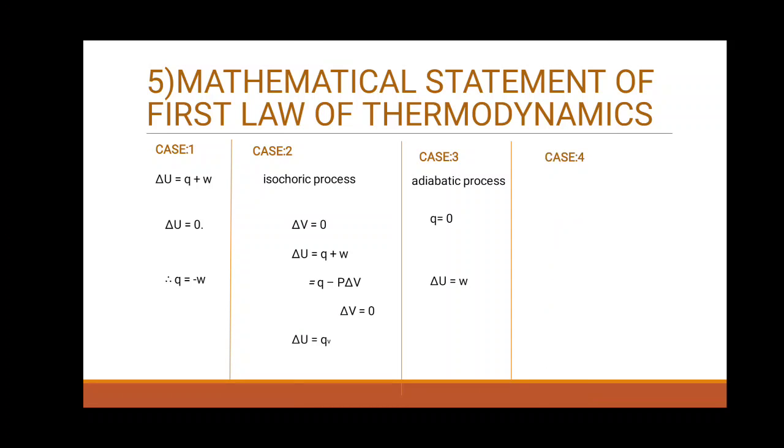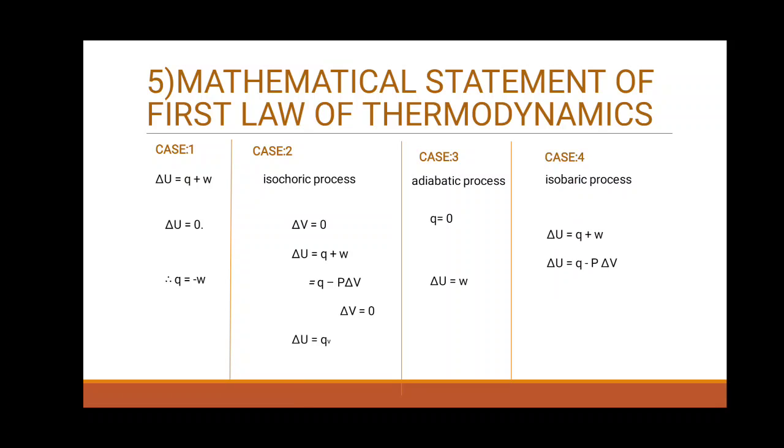Let us see case 4. Case 4, isobaric process. Isobaric process means pressure is constant. So del U equal to Q minus P del V. The pressure volume work is done on the system.